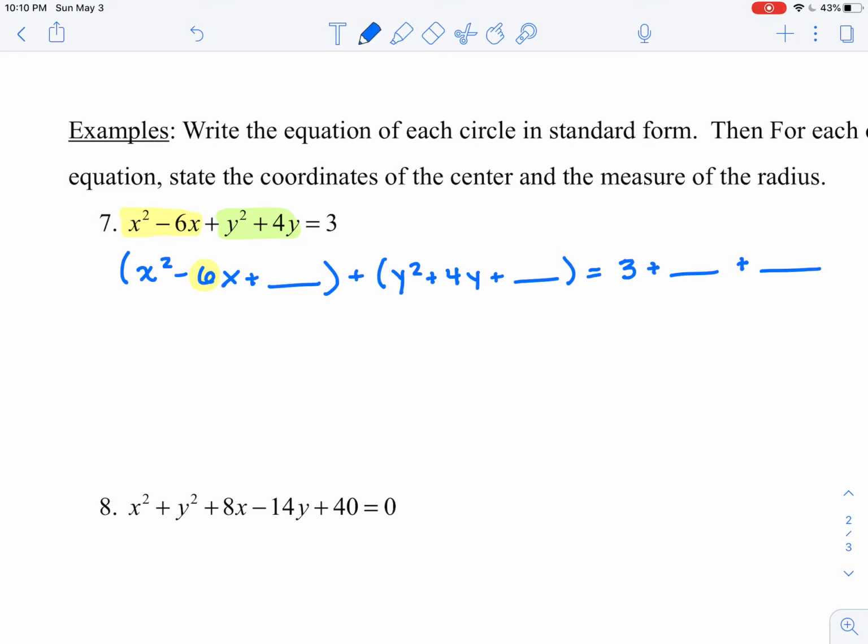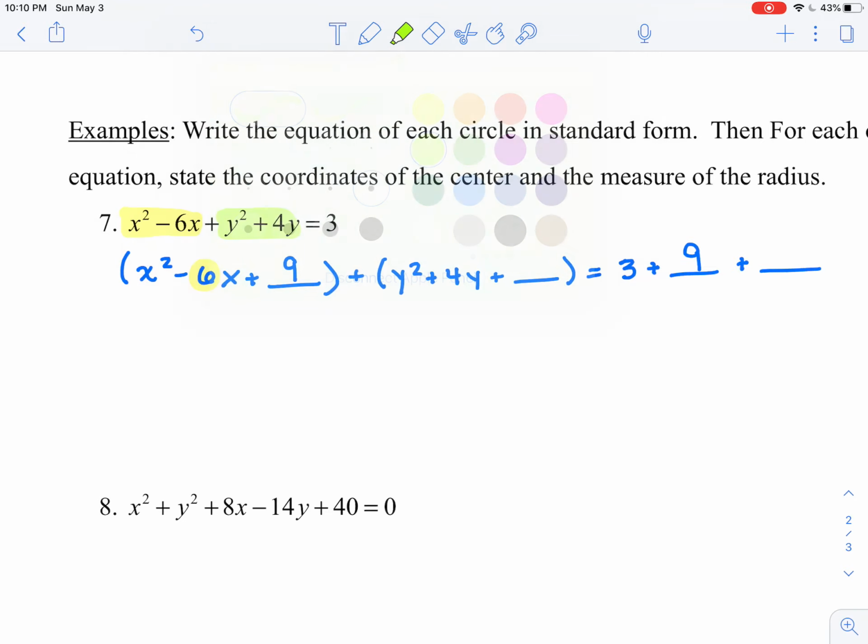Then I square that. That becomes 9. Again, I took the middle number 6, cut it in half to get 3, squared it to get 9. If I'm going to add 9 to the left side of this equation, I also have to add 9 to the right side of the equation. That's why I have blanks on either sides of the equal sign.